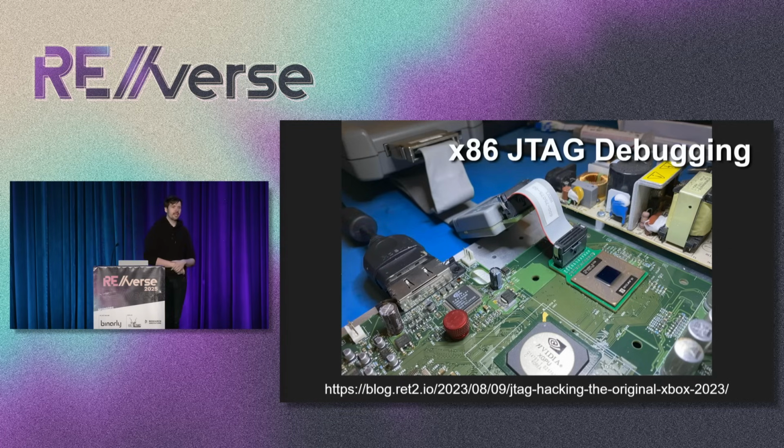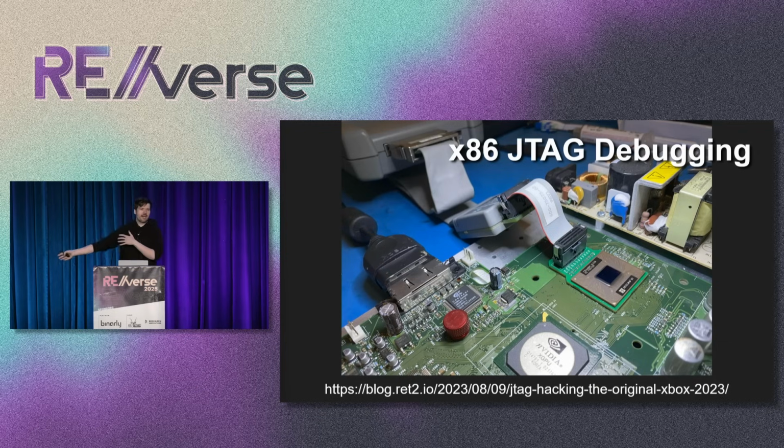And so some of you may have seen this. But what I did is I proved a 20-year-old theory written in a book by the hackers of old that the original Xbox could have been hacked, or the original secret boot ROM could have been dumped using Intel x86 JTAG debugging. And to do that, it was like assembling the infinity stones. I had to find these old bespoke x86 JTAG hardware debuggers, which are almost impossible to find, let alone the super proprietary NDA software.